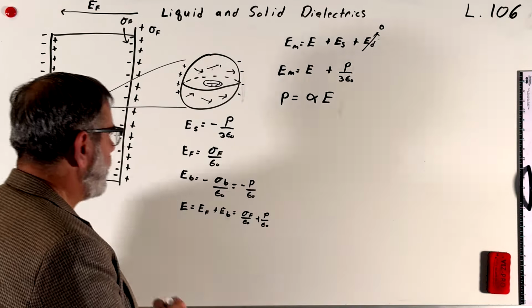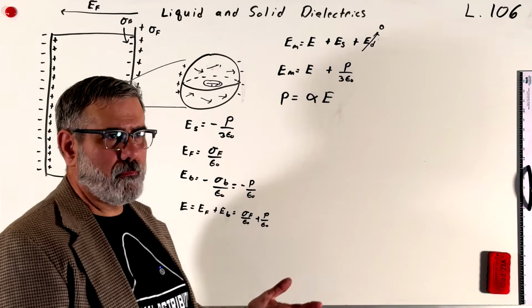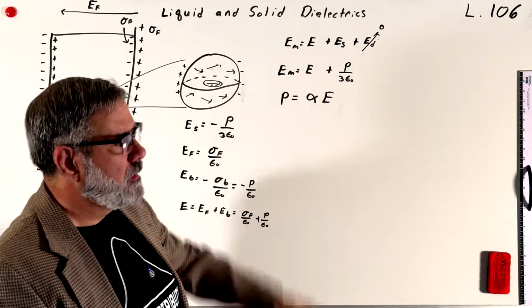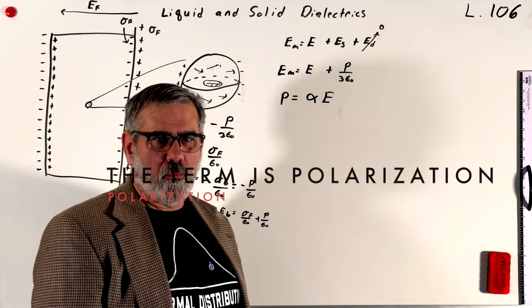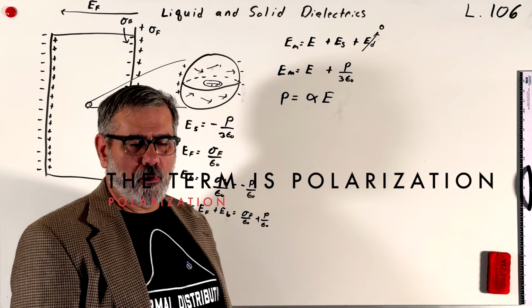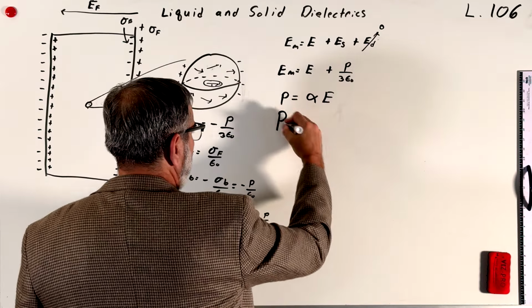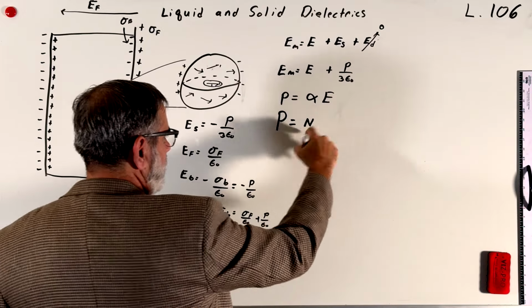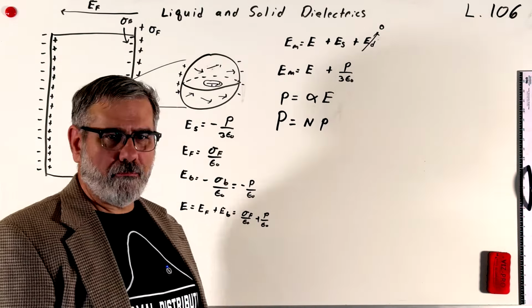But what I want to do now is relate this to the general polarization, which is really just a measure of the dipole moment per unit volume. That's the way I like to think of it. So big P is the dipole moment per unit volume, and it's the number of dipoles per unit volume times the molecular dipole moment.